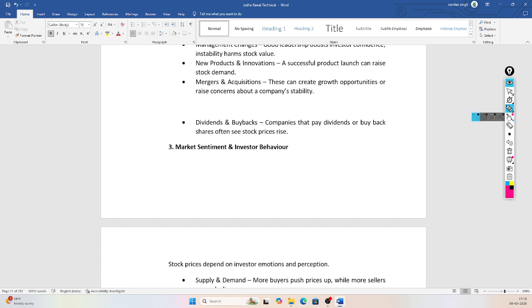And today we are going to learn point 3, market sentiment and investor behavior.